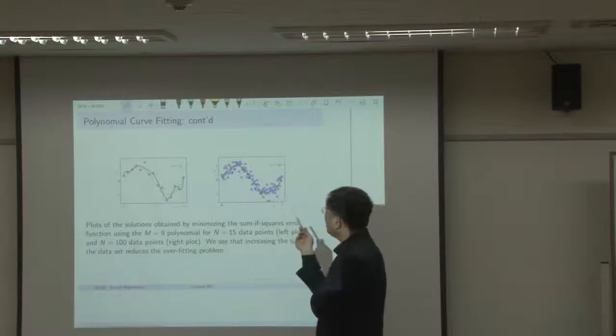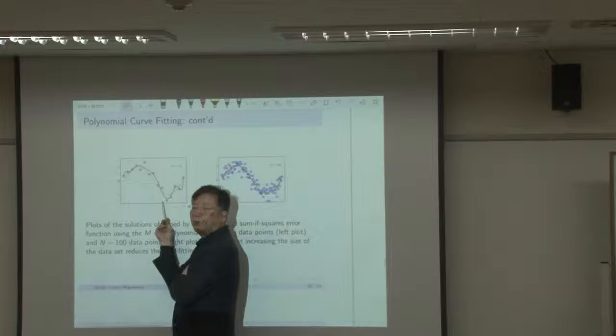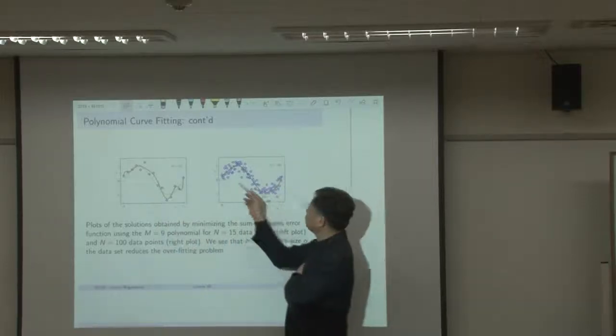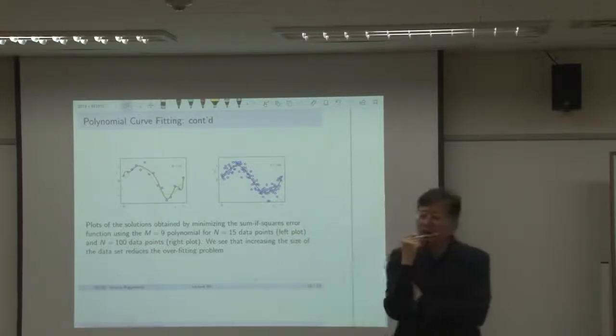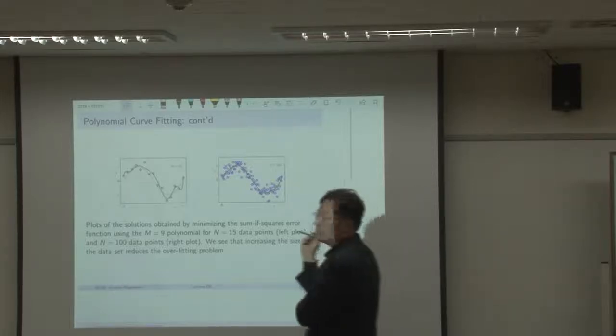But for ninth order, it's doing a pretty good job here. Wow, ninth order is good. You just said that ninth order is overfitting. So what's the lesson to be learned here?